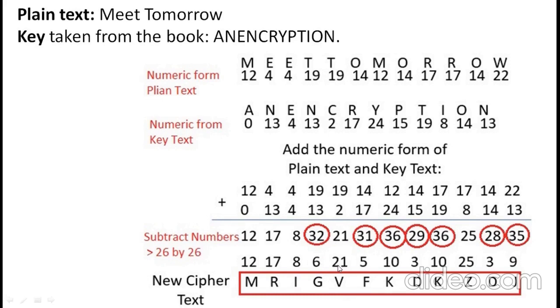As usual, we put 21 here. 31 is greater than 26, so subtract by 26 and we obtain 5. So we kept 5.